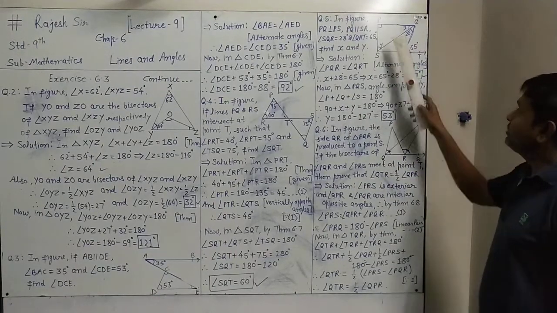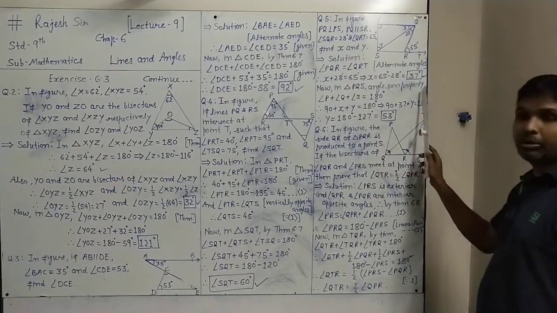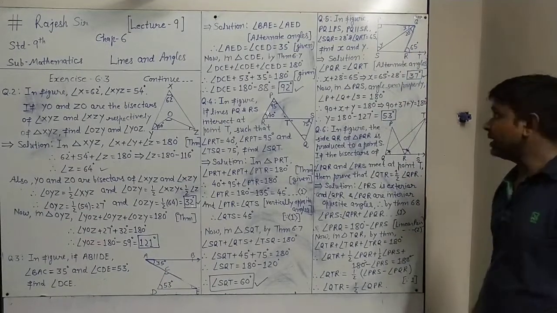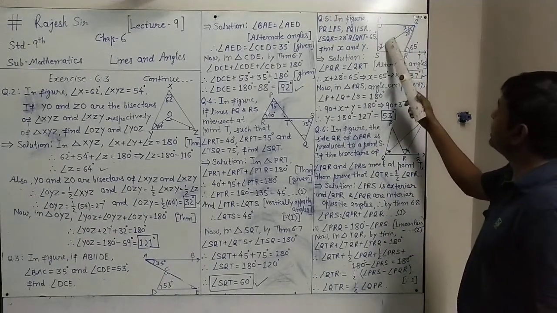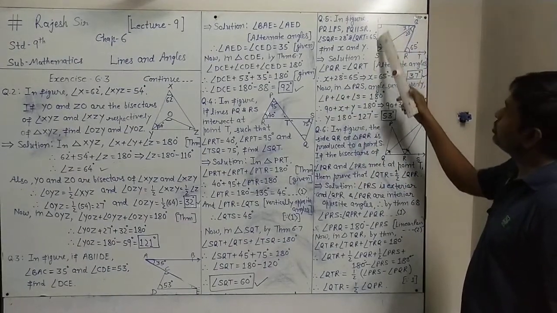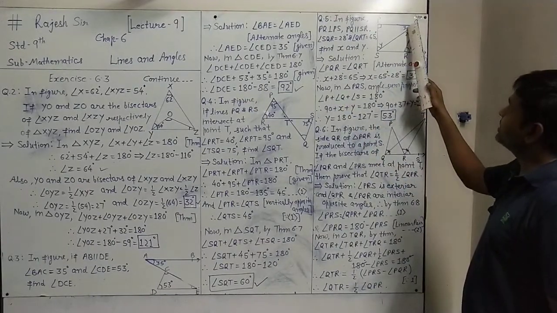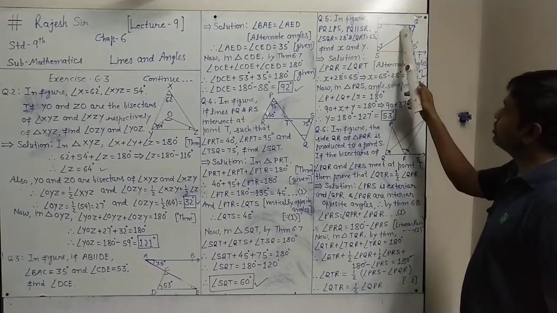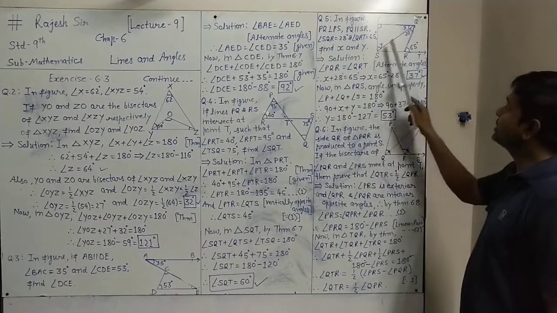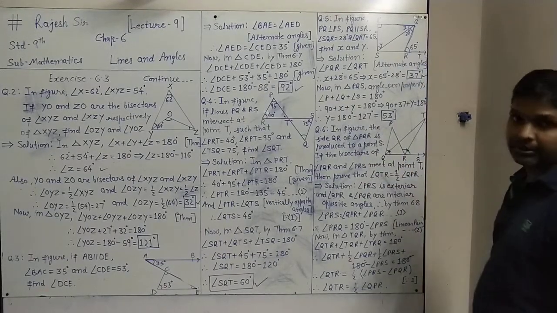Now we want to get y. For that we take triangle PQS. In triangle PQS, by the angle sum property, or theorem 6.7, the sum of all three angles is 180. Angle P plus Q plus S equals 180. Angle P is 90 degrees because PQ is perpendicular to PS, as given. Angle Q is X, only this PQS part we have to take, and angle S is Y. So in this triangle, 90 plus X plus Y equals 180.